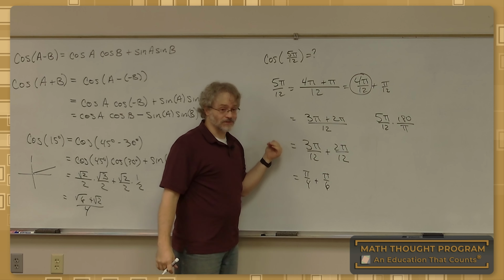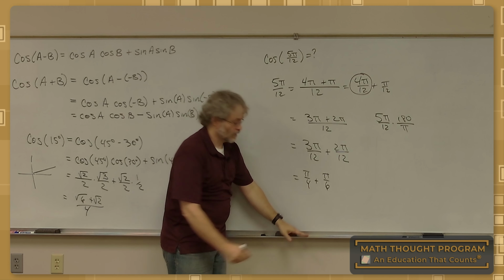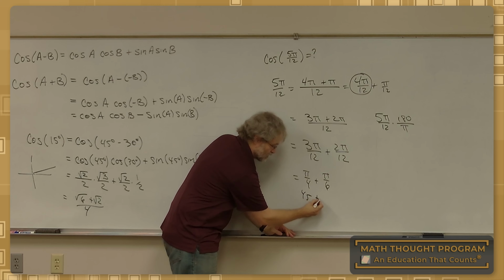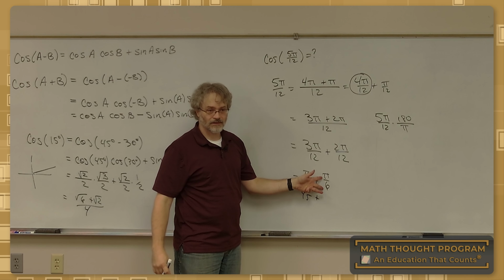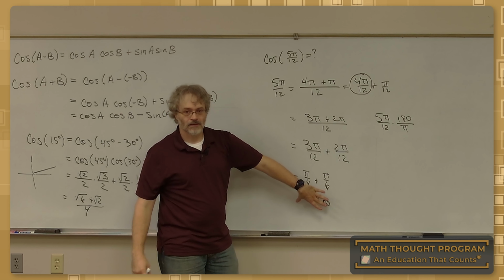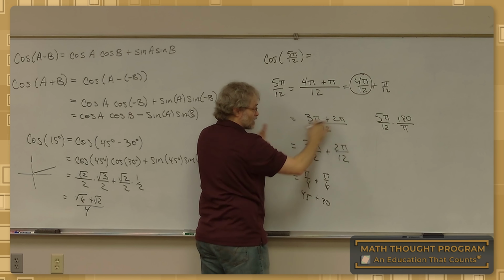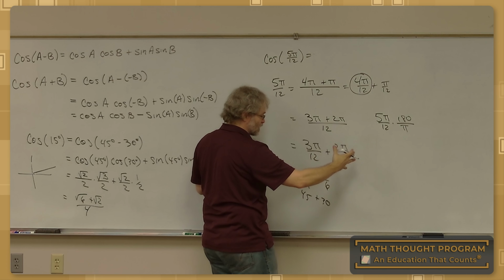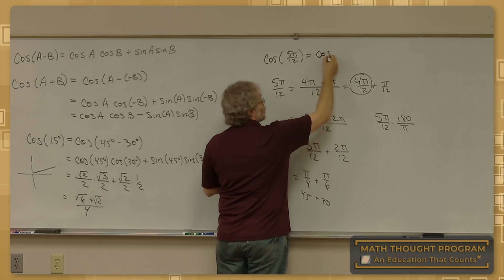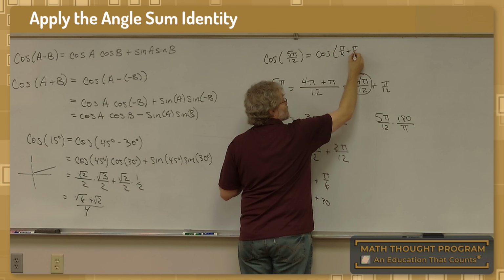But by doing this decomposition, what's this one? That's 45. What's that one? That's 30. See how fast that was? This is going to be 75 degrees. We got the good decomposition. We know how this is going to break down. Cosine of pi over 4 plus pi over 6.